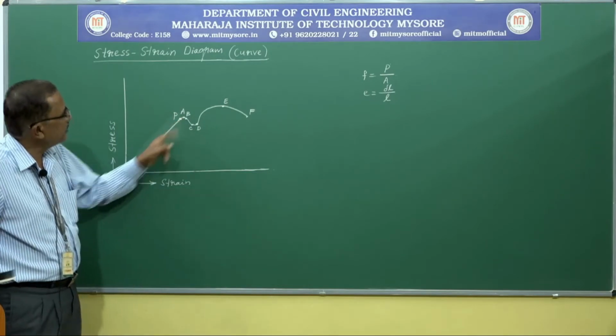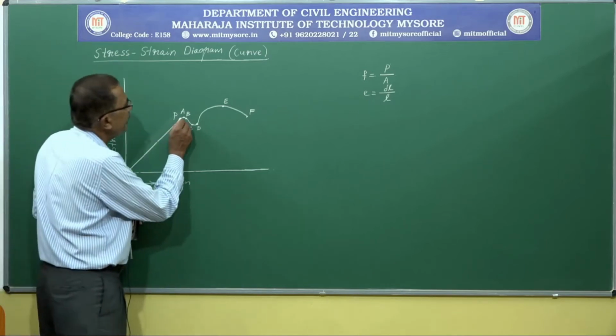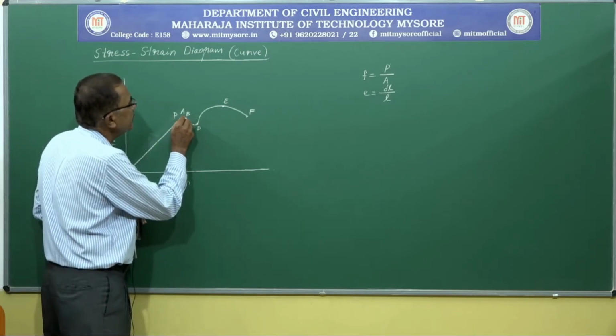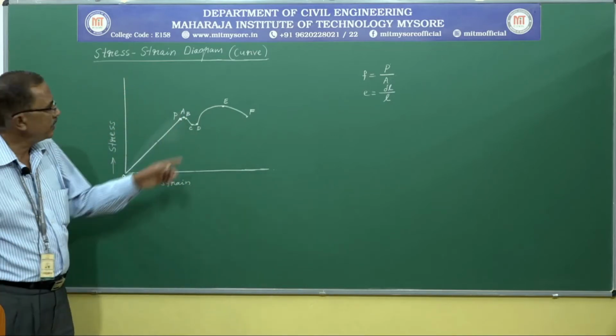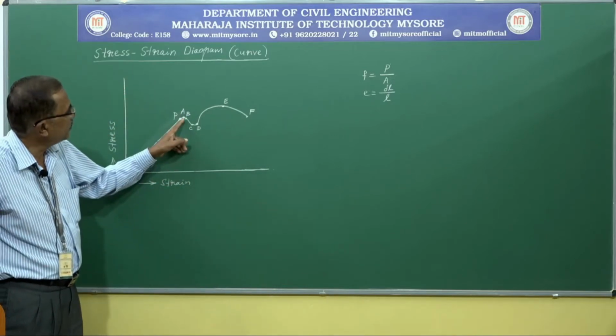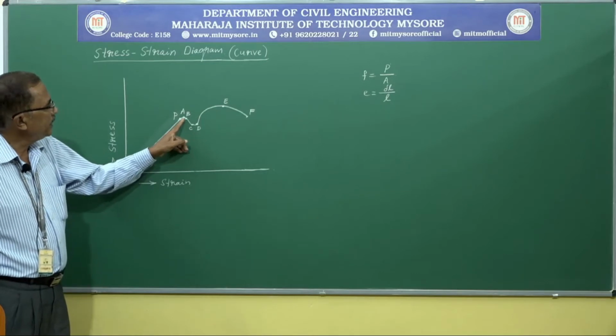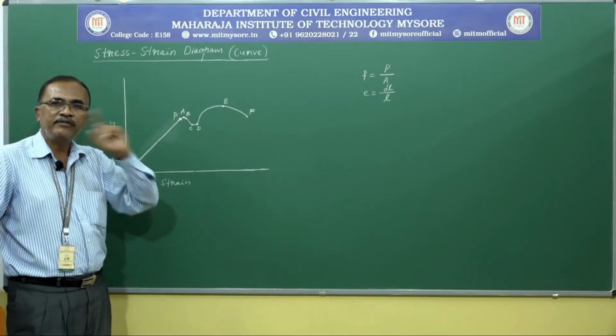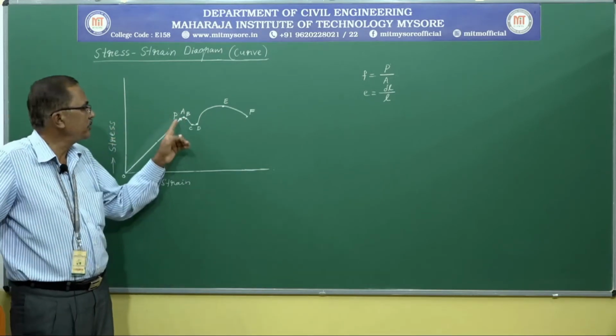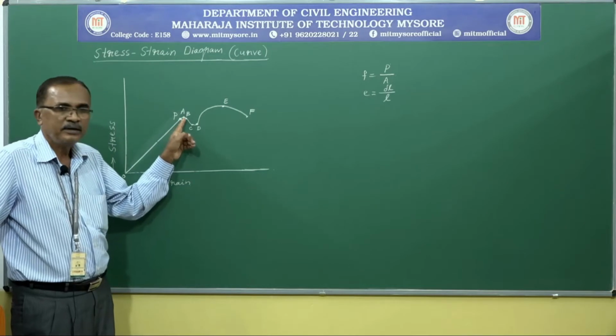Point A, you can see, from point P to point A, you can see a slight variation in the linear portion of the curve. It attains a curved portion. Point A indicates the elastic limit. For all practical purposes, it is very difficult to distinguish between the proportional limit and the elastic limit.